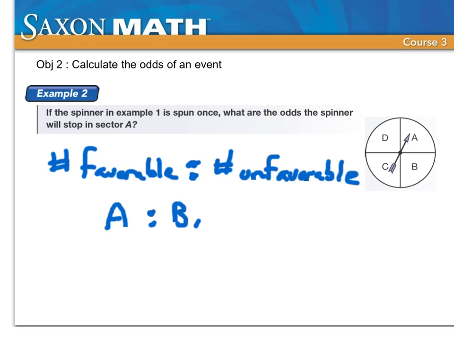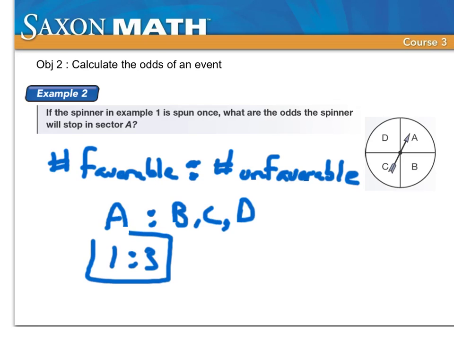That's B, C, or D. A is not an unfavorable outcome. That's what I want to happen. So when I'm talking about odds, I don't care about the total things. I care about the number of favorable compared to the number of unfavorable. Well, there's one favorable thing, and there's 3 unfavorable things. So the odds the spinner stops in sector A are 1 to 3.